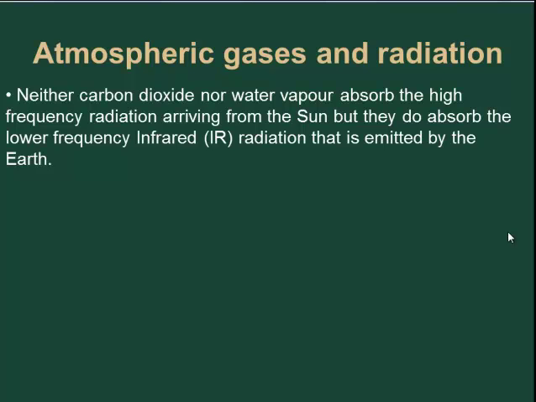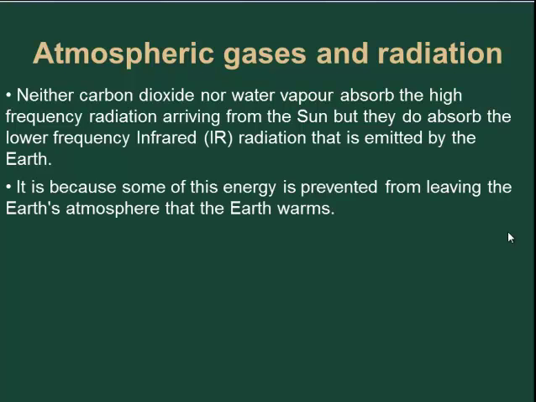So sunlight still comes in, they just don't allow the radiation emitted by planet Earth to escape. This is the reason why the Earth's atmosphere gets warmer, because that energy is prevented from leaving, so there's not a perfect balance between energy coming in and energy going out again. And we've seen that in some earlier models. So this is known as the greenhouse effect.